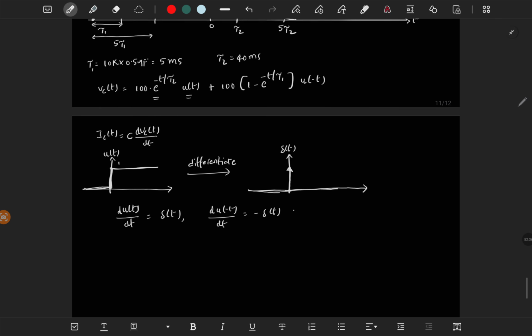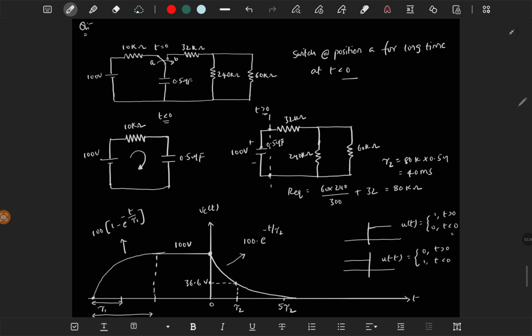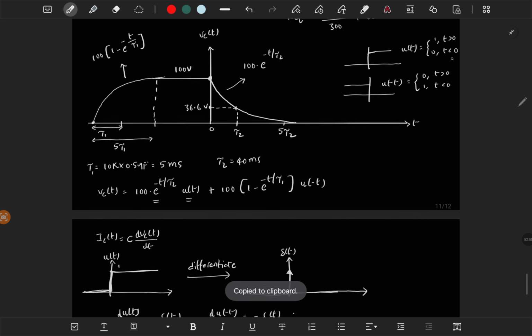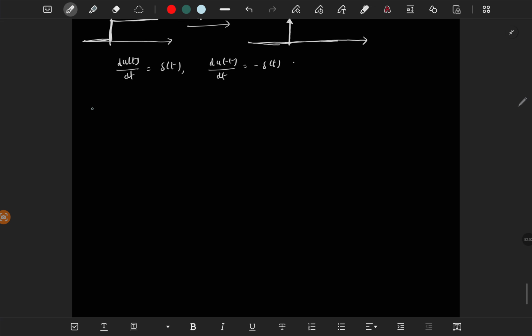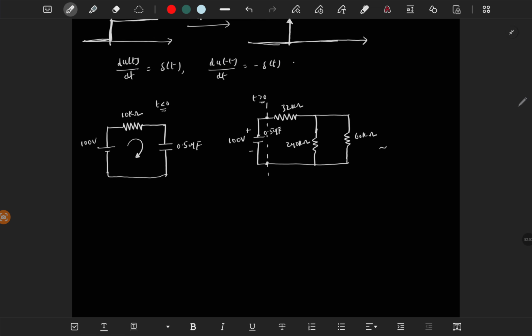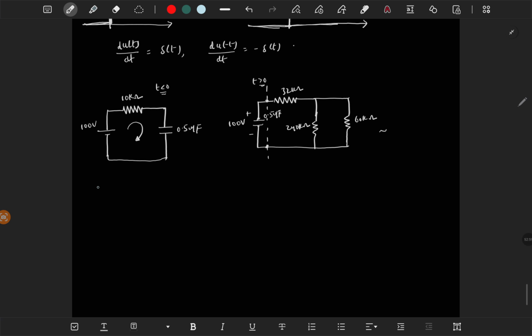So for this circuit, we will copy this one. For this circuit, I of t, let's say it is I1 of t.